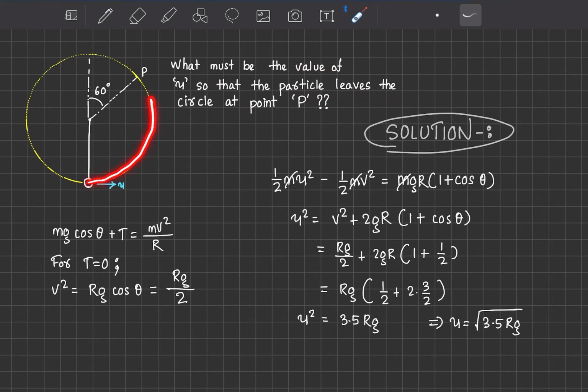So it continues to be in the circle up to this point P, and at point P it leaves the circle. According to our theory, it will cover a parabolic path from P onwards, and the position of point P on the circle is 60 degrees from the upper vertical line, its angular position.